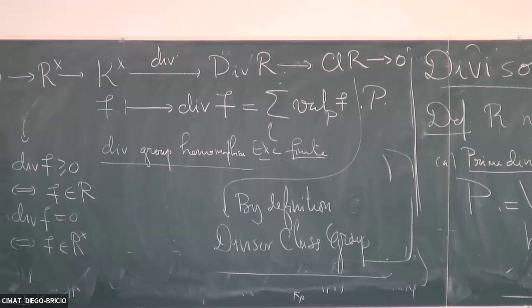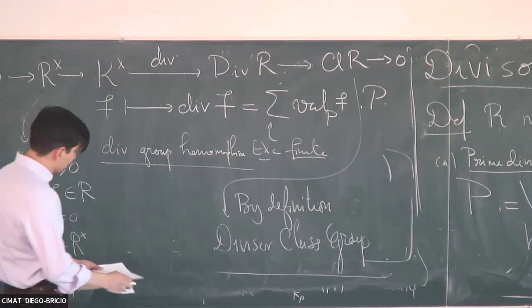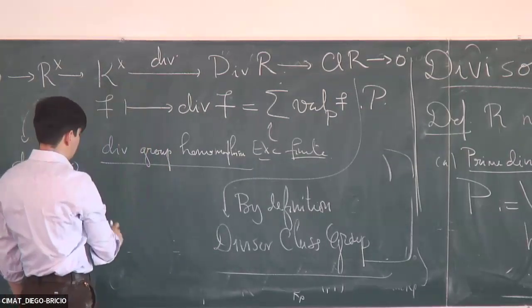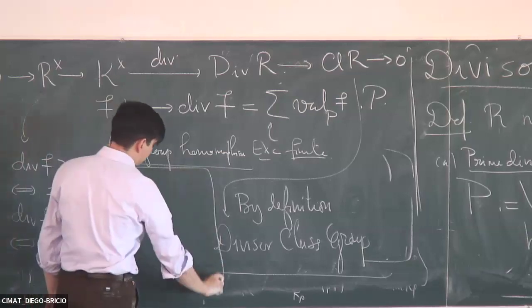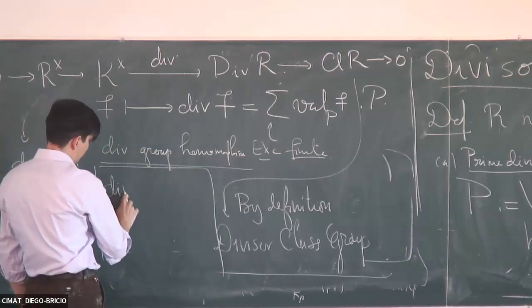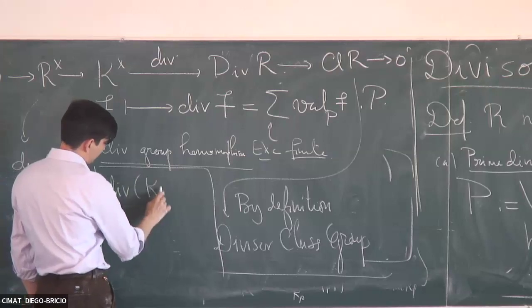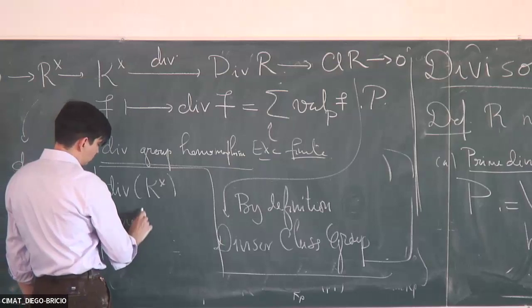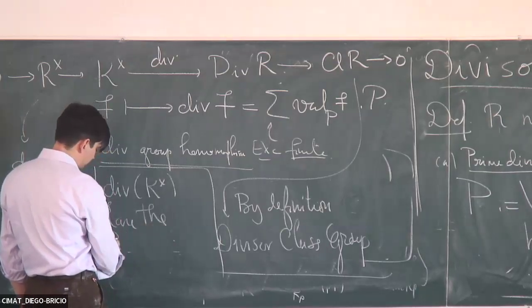So, what else do we need to say about it? Well, more terminology, I suppose. These divisors here, the image of div, let me write it down here. The image of div are the so-called principal divisors.